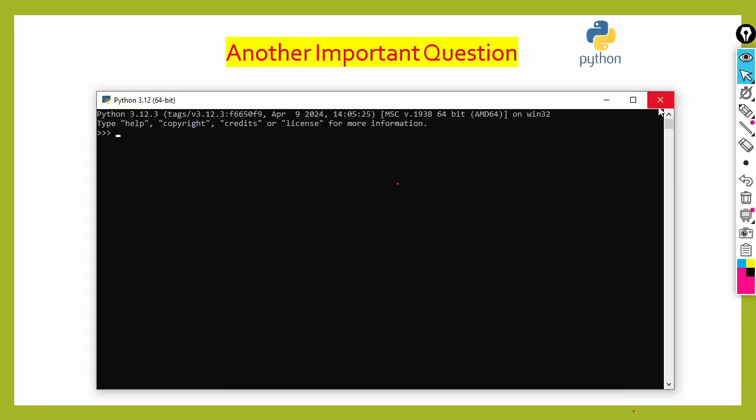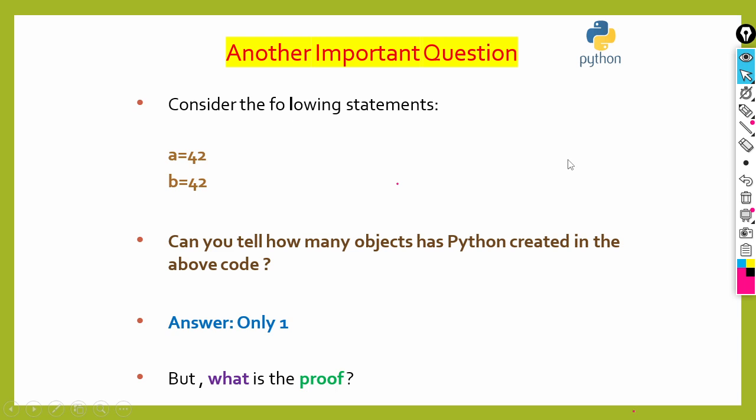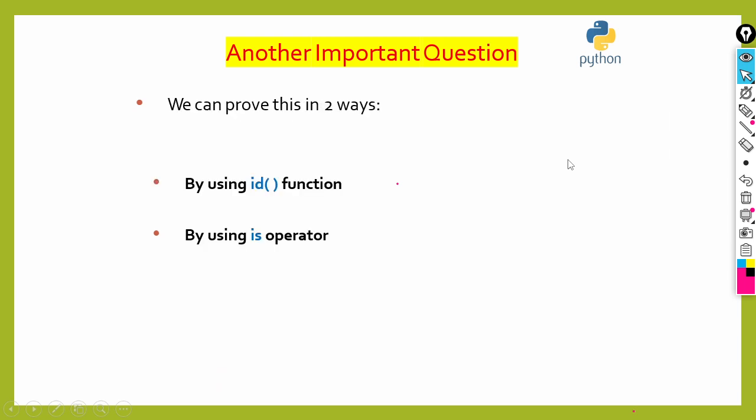For that, what I am doing is using the function id. By using the function id I can check whether both operands are stored in the same place or not. We will see.